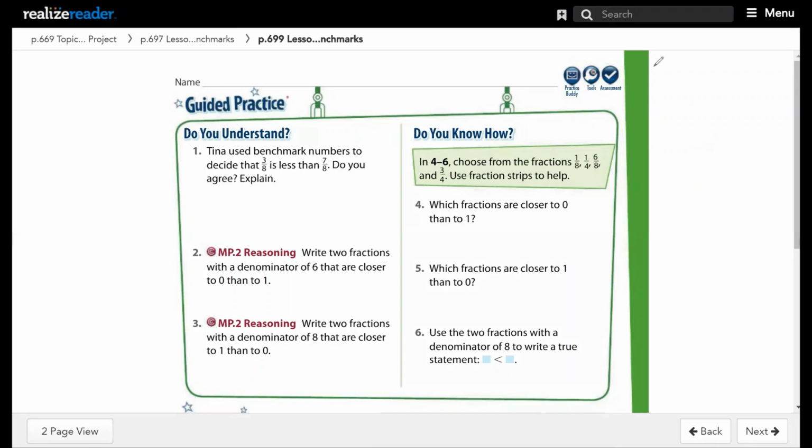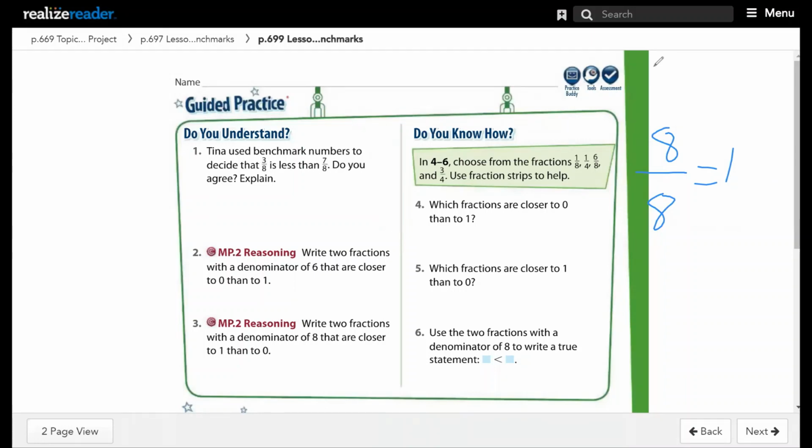In 4 to 6, choose from the fractions 1/8, 1/4, 6/8, and 3/4. Use fraction strips to help. So here we can use fraction strips to help, or we know that 8/8 equals 1.